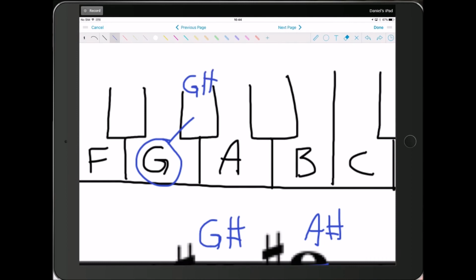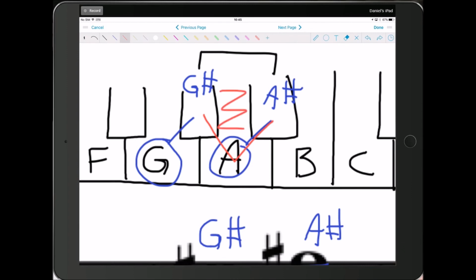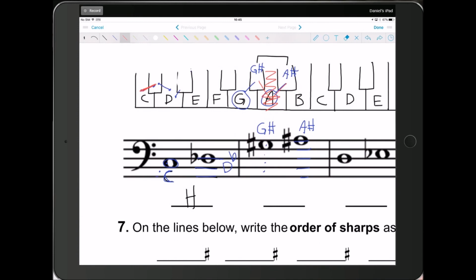And here's A. And we're going to go up to A sharp. So what is the distance from here to here? Well, G sharp is on a black key, and then we have a white key in between, and then we have another black key. So that is a whole step because there is something in between it. Alright? So that's a whole step.